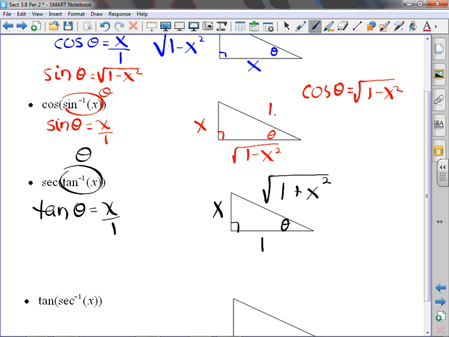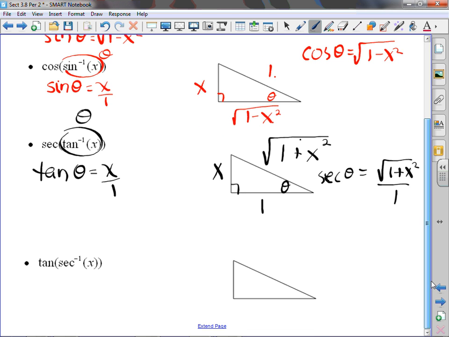So what's the secant of my angle? Secant of theta is this one over that one. So it's the square root of 1 plus x squared. I'll put it over 1 so we see that. So when you did the secant squared of y, it might have been something like this. How do you find the hypotenuse? It's leg squared plus leg squared and square root of.